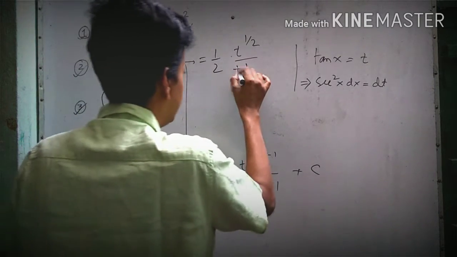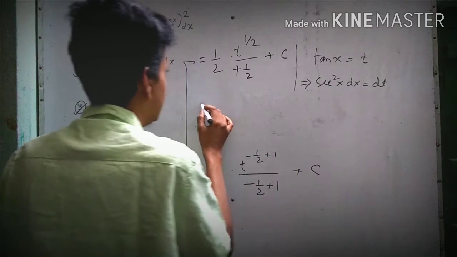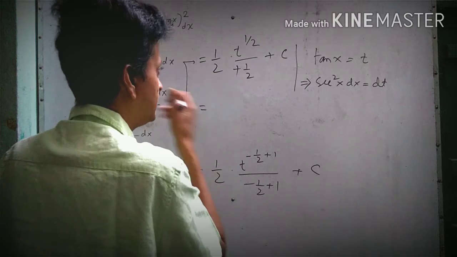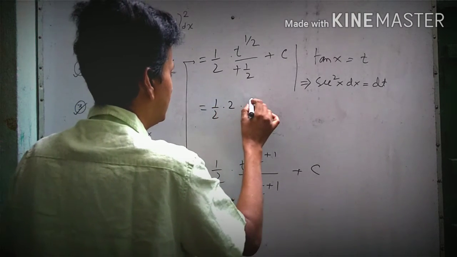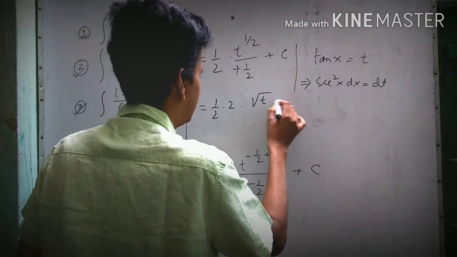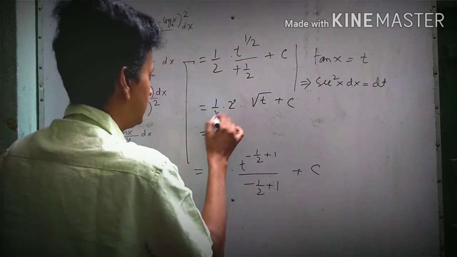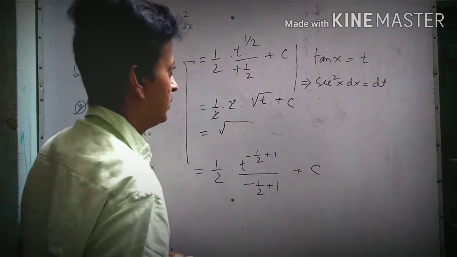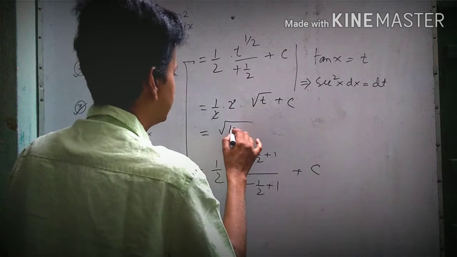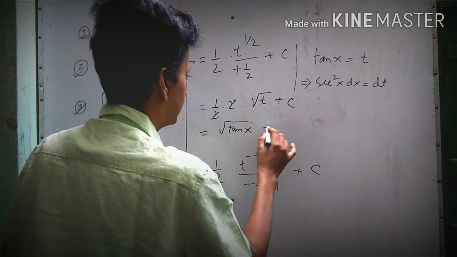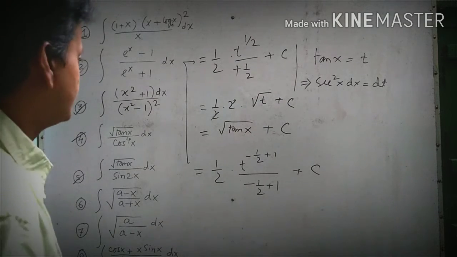Minus half not, it will be plus half plus c, that is half into 2 into root t plus c, that is root of, now we have to put the value of t, that is tan x. So we get the final answer as root tan x plus c.